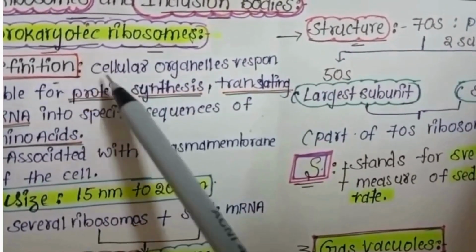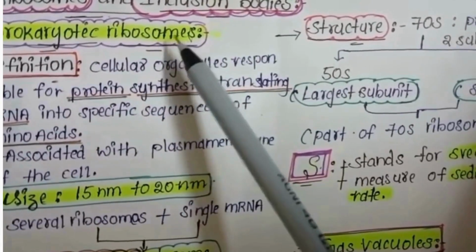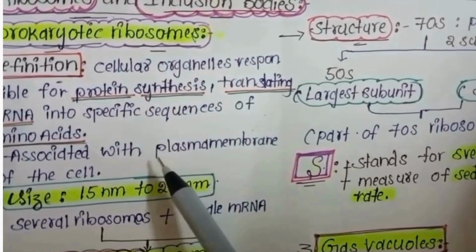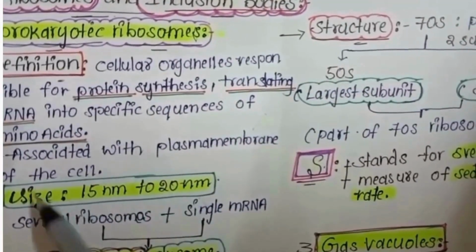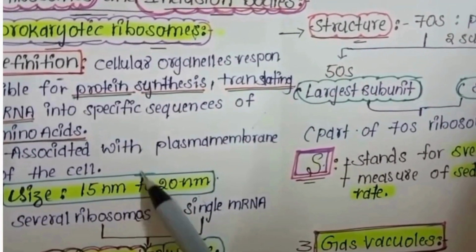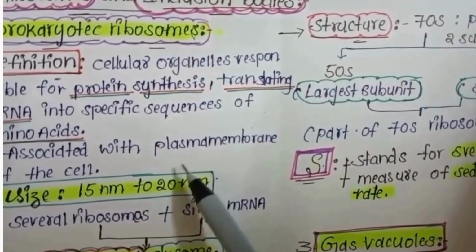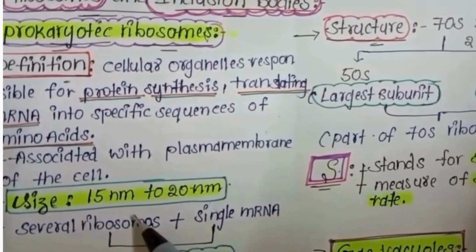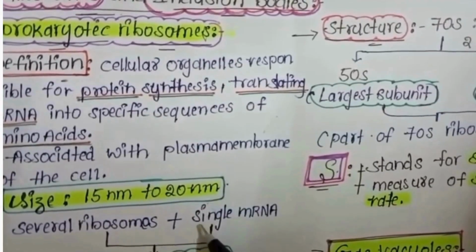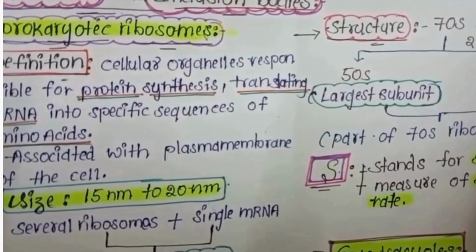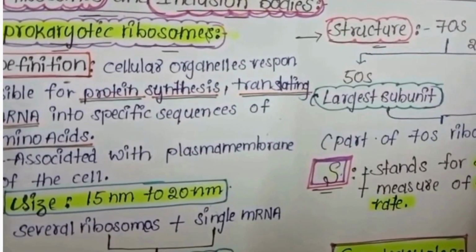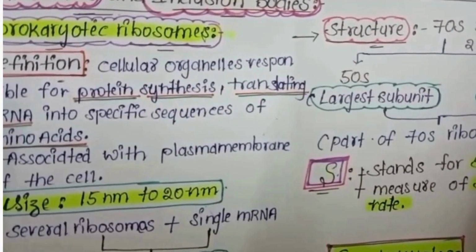These are non-membrane bound organelles which are associated with the plasma membrane of the cell. The size of the ribosomes is 17 to 20 nanometers. Several ribosomes with a single mRNA form a polyribosome, also known as polysomes, which helps in translating mRNA into proteins.